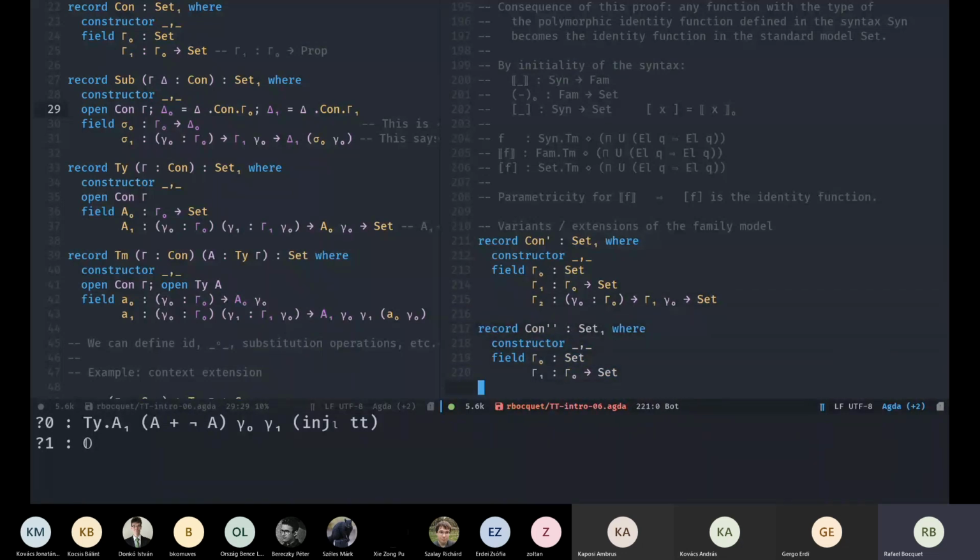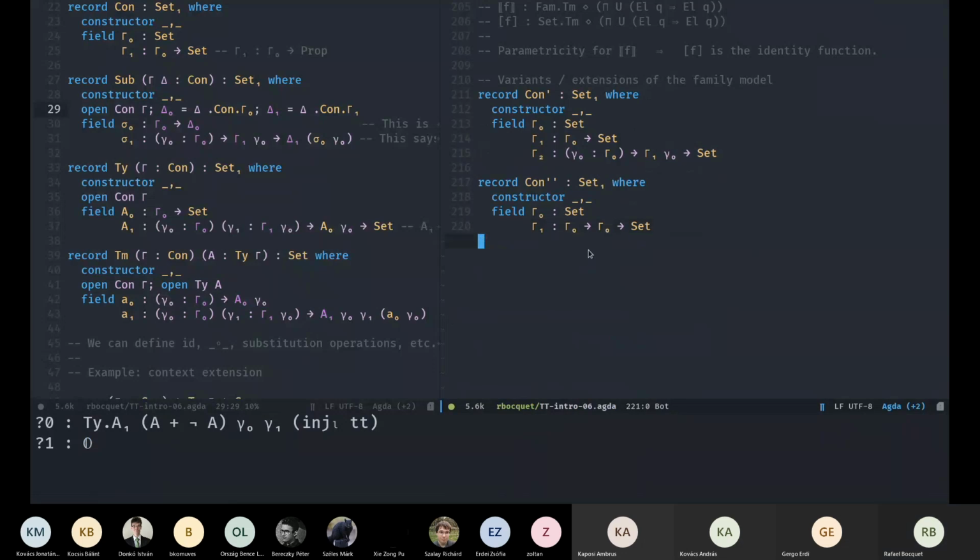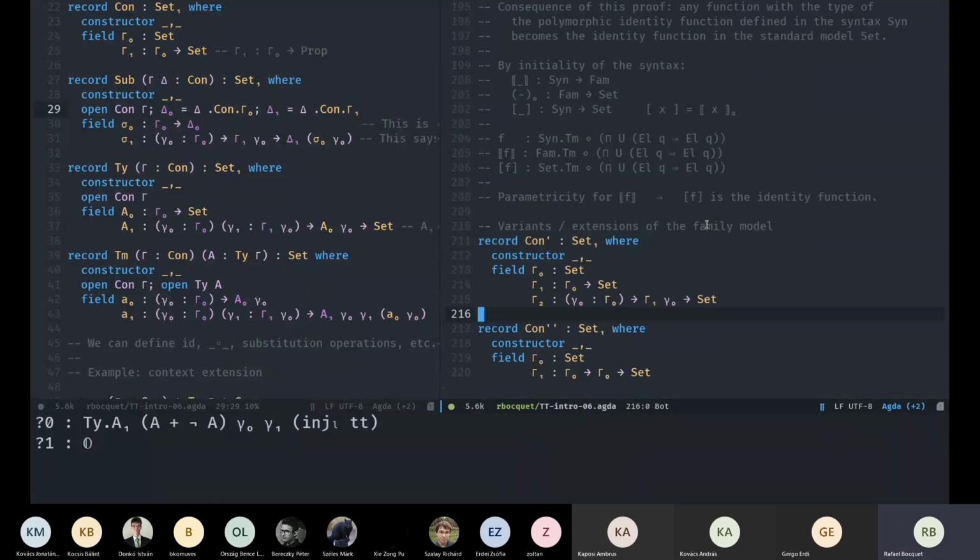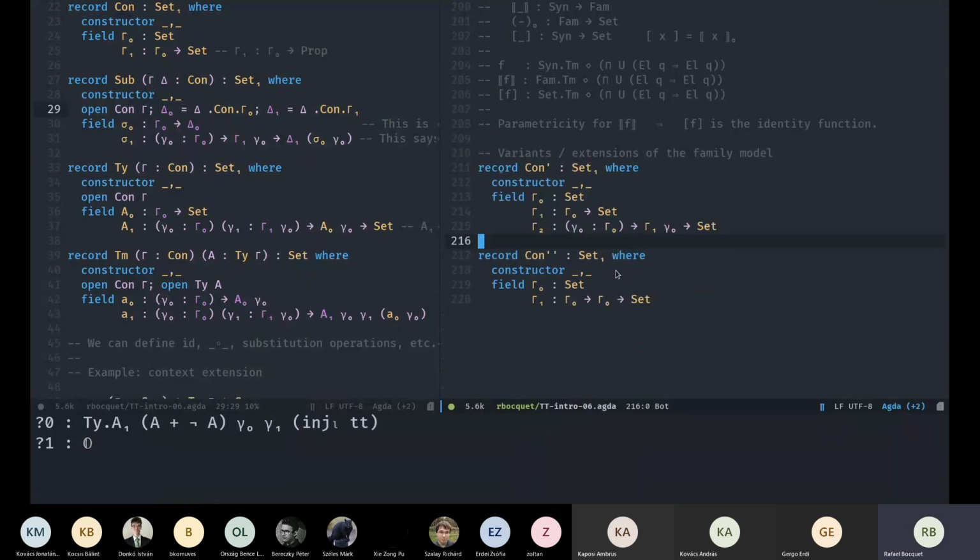And another way, instead of extending in this dimension, is to add more dependencies to this, to gamma 1.